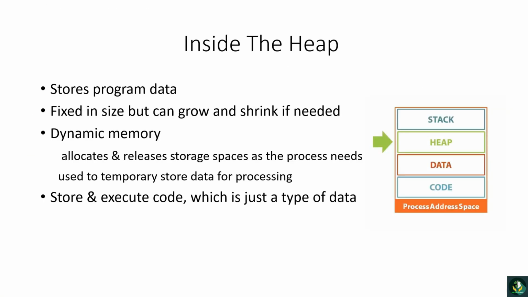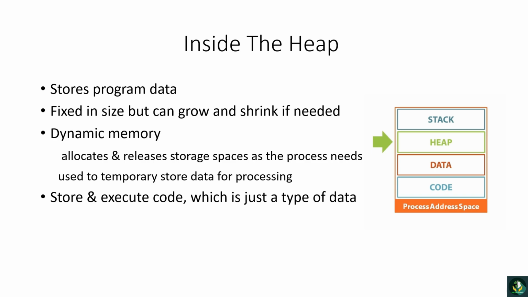Inside of every running program is a counterpart to the stack called the heap. Like stack memory, heap memory is also used to store data that is used by a running program. Unlike the stack, which is a fixed size area of memory, the heap can grow and shrink in size as needed by the process using it.